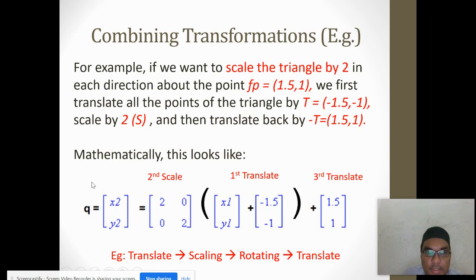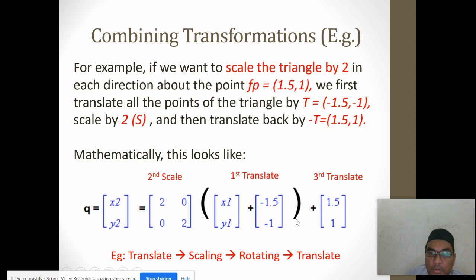Okay, so this is the example. For example, we want to scale the triangle by 2 in each direction, where the fixed point is 1.5 and 1. First we do a translation by minus 1.5 and minus 1, so it becomes 0, 0. Then we move to the scaling, and then we add back the original point.